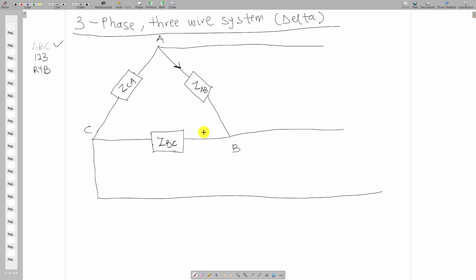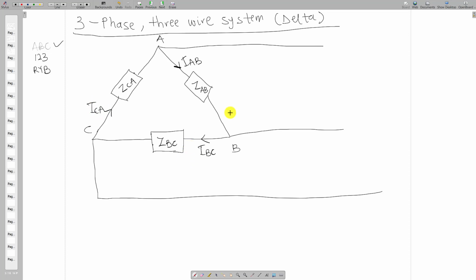I'll have a current like this, a current here, and a current here. Since this phase is AB, this current is called IAB. This phase is BC, so I name this current IBC. This is CA, so I name this current ICA.